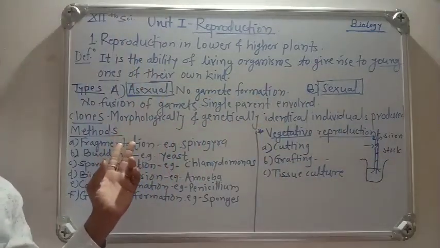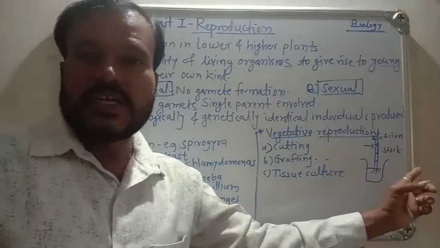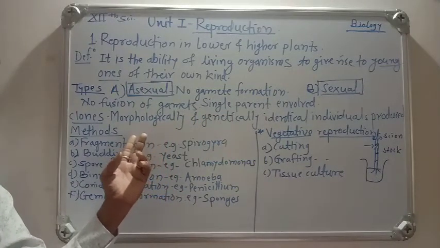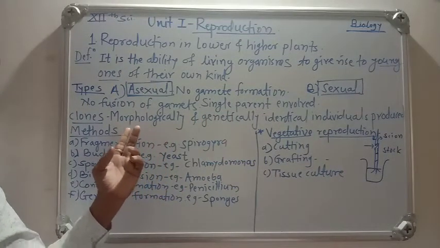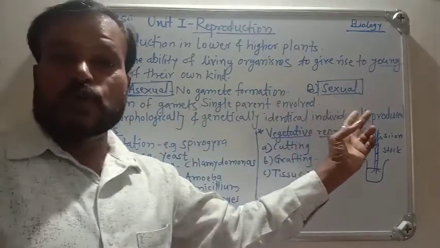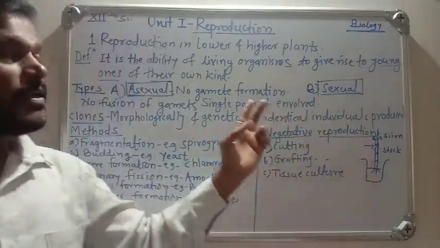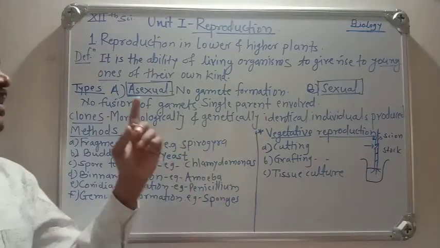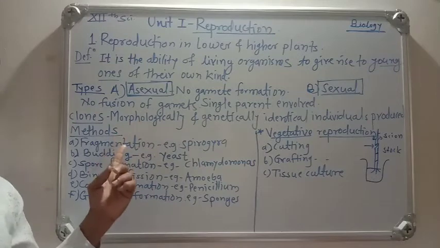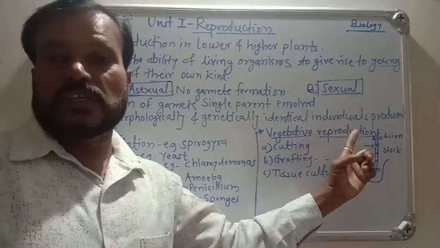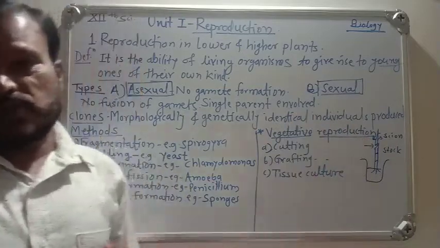No fusion of gametes takes place in asexual. Organisms produced by asexual reproduction are genetically and morphologically similar. Organisms produced by sexual reproduction are genetically and morphologically dissimilar. So asexual is not considered a tool of evolution, while sexual reproduction is considered a tool of evolution.